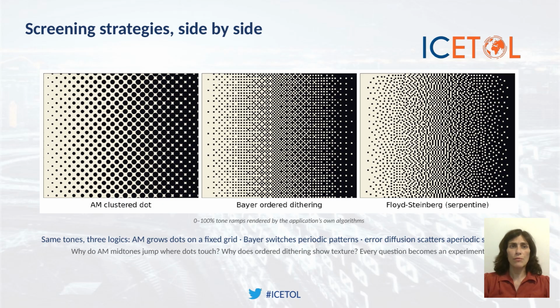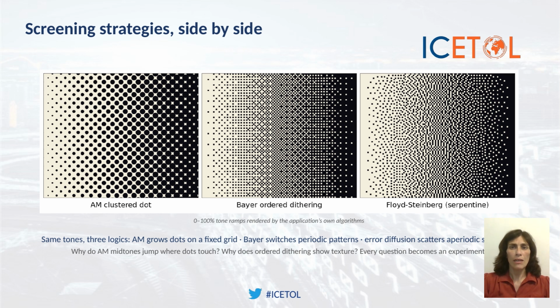Here is what the simulator makes visible. These are tone ramps from 0 to 100% rendered by the application's own algorithms with 3 different strategies. On the left, the classic AM clustered dot. The grid is fixed, and only the dot size grows.